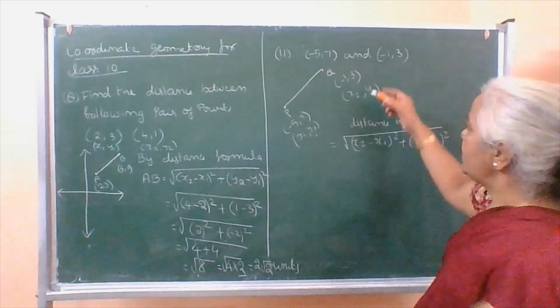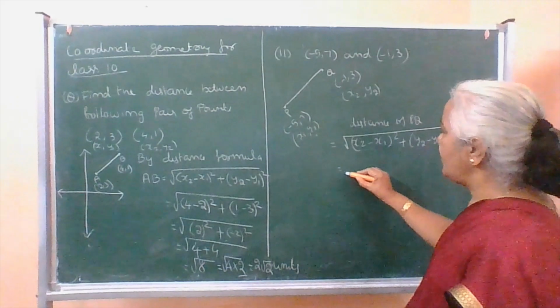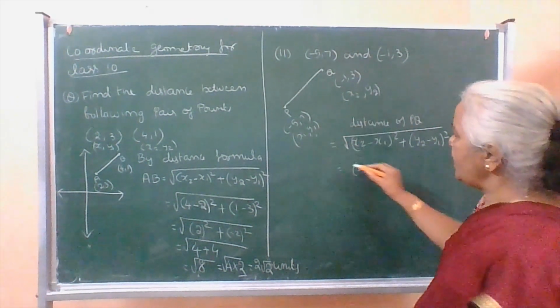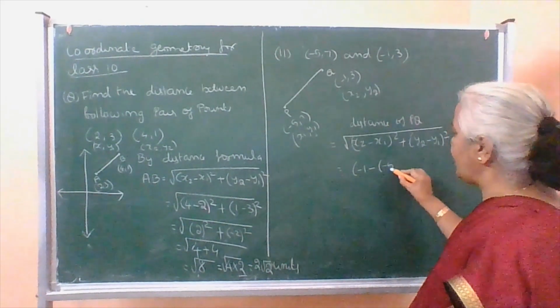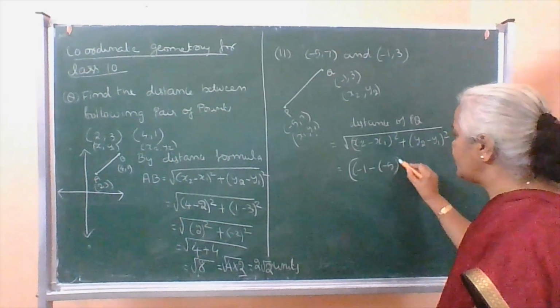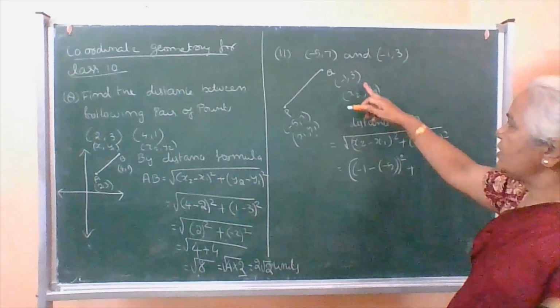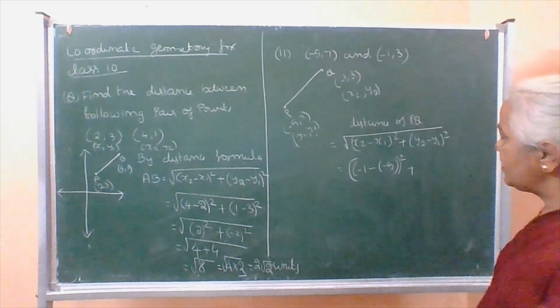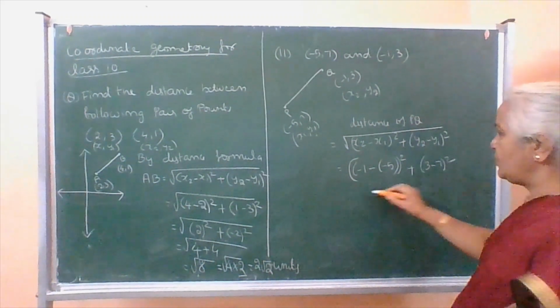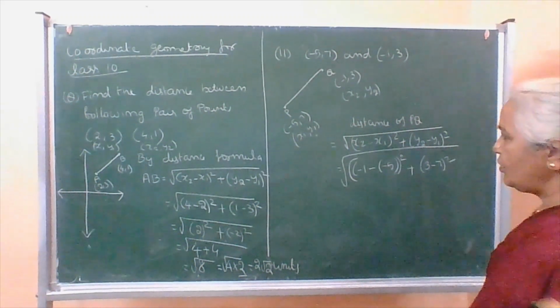Now here x2 is minus 1, that is minus 1 minus of minus 5, whole square, plus here 3 minus 7 whole square, and it is square root.